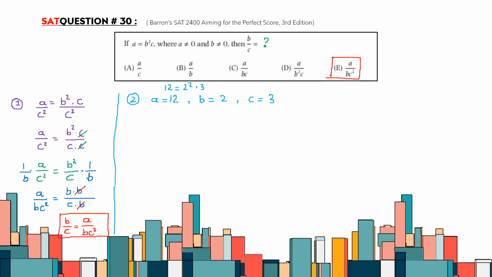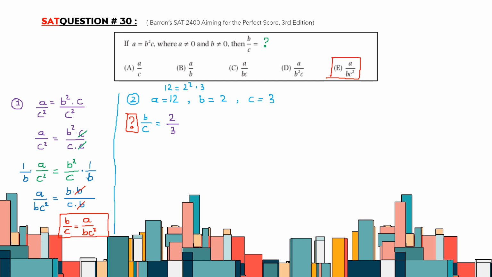That's true, right? So now if I plug in here, what is B divided by C equal to? This is the question mark, B divided by C. So we have B is 2 divided by C is 3.